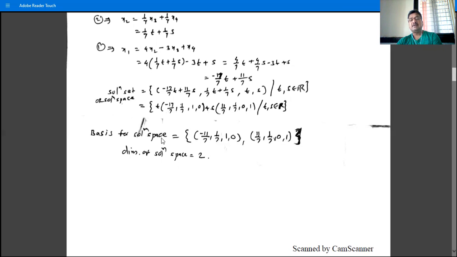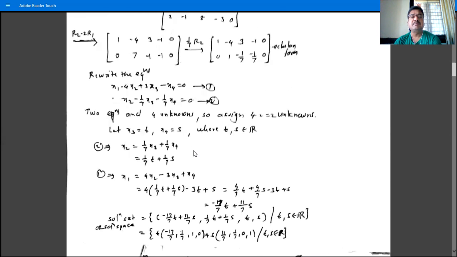And so there are two vectors in the basis of the solution space of the given system, and therefore the dimension of the solution space is 2, because the basis contains two elements. The dimension of any vector space is equal to the number of vectors in its basis. So there are two vectors in the basis, and therefore the dimension of the solution space of the given system is 2.